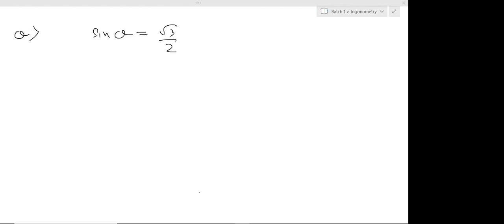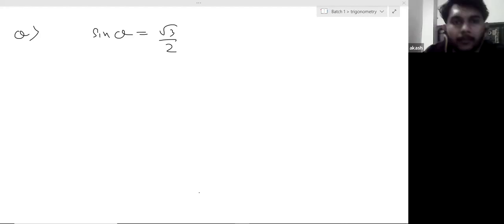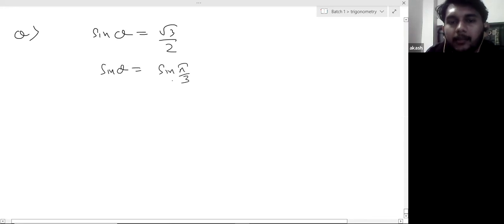So could you solve this question? The first step is to write it as sine theta is equal to sine pi by 3, because root 3 by 2 we get at 60 degrees.